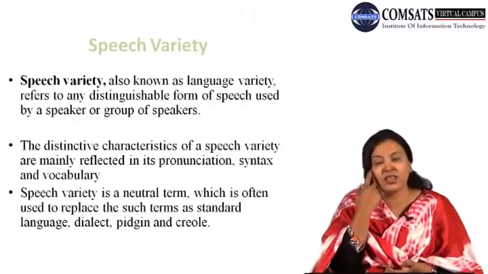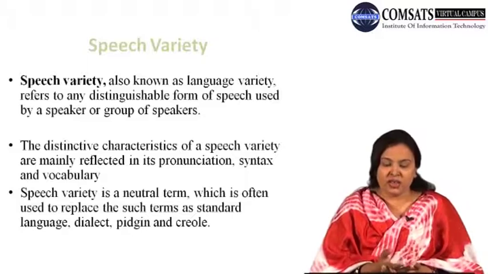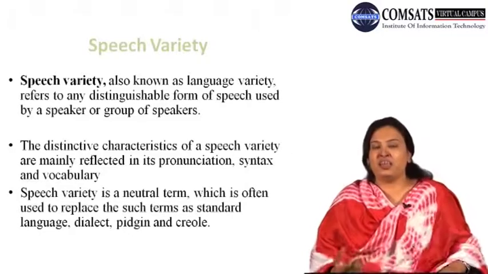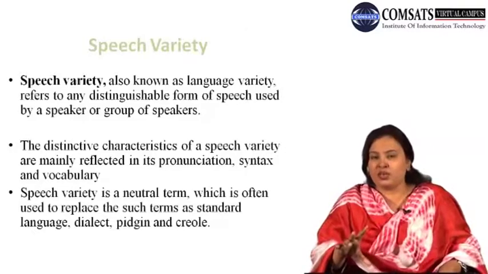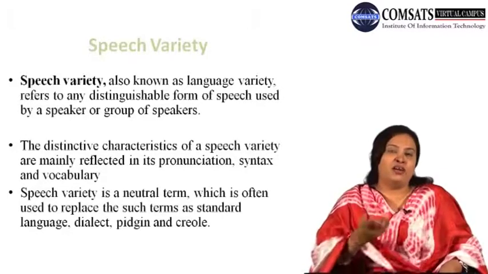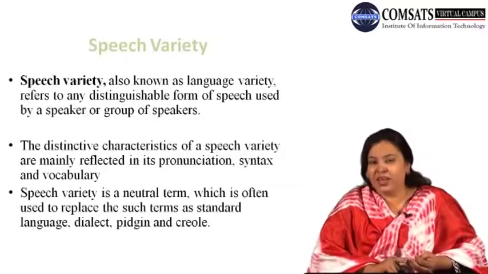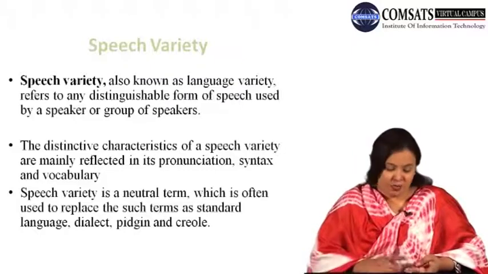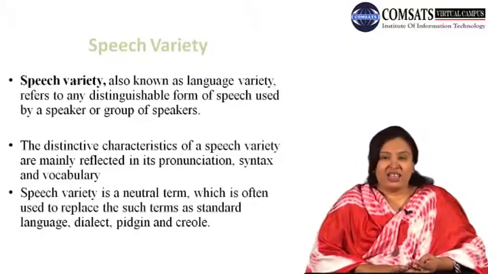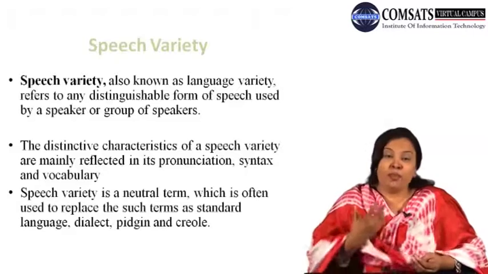The distinctive characteristics of speech variety are mainly reflected in pronunciation, syntax and vocabulary. The way one person or one society is different from another is reflected through these. We can have morphological variation, the way their morphemes are different. They can have lexical variation, the way they use different words. They can have pronunciation variation, the way we pronounce a word.